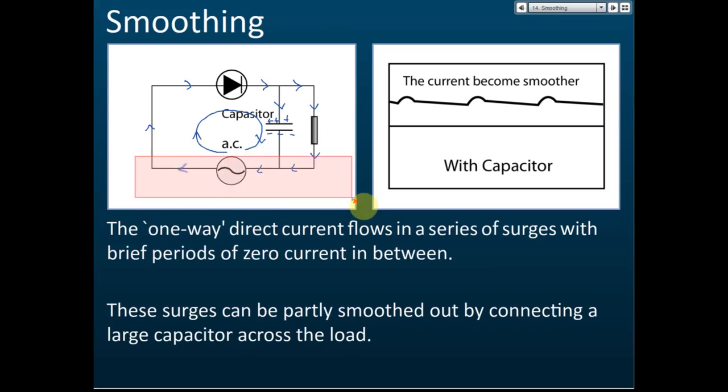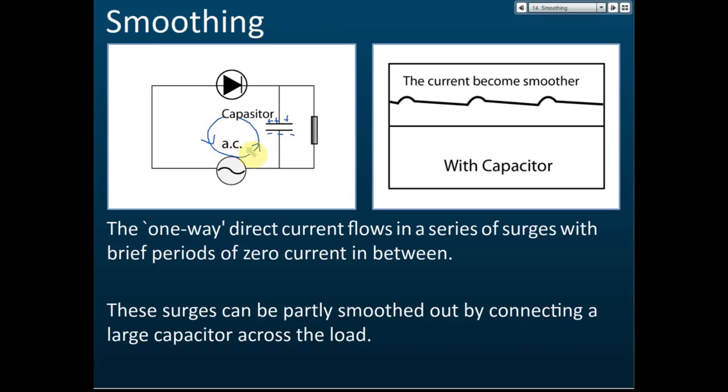Then how about reverse bias? Now let's see what happens during reverse bias. During reverse bias, the charge is still inside the capacitor, initially at the very beginning, and the current tends to flow backwards, anti-clockwise.